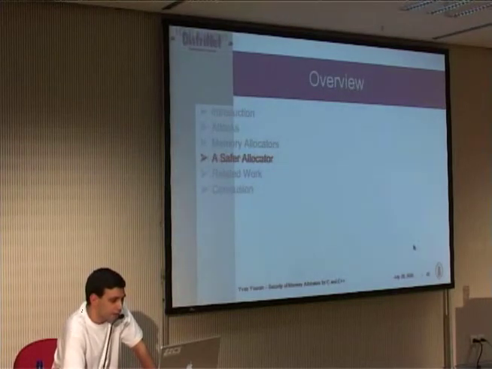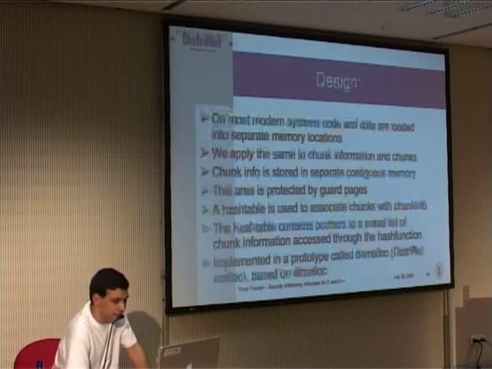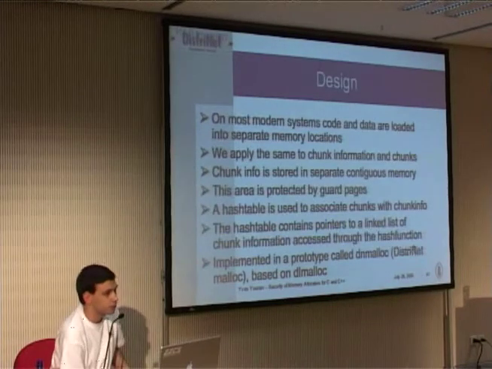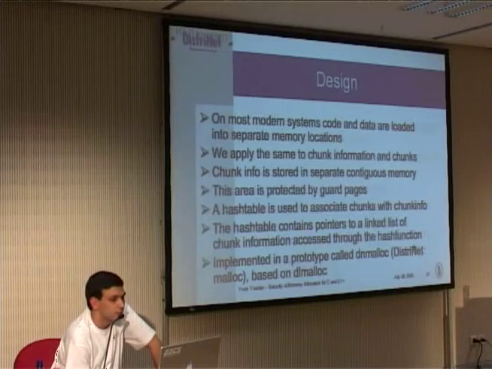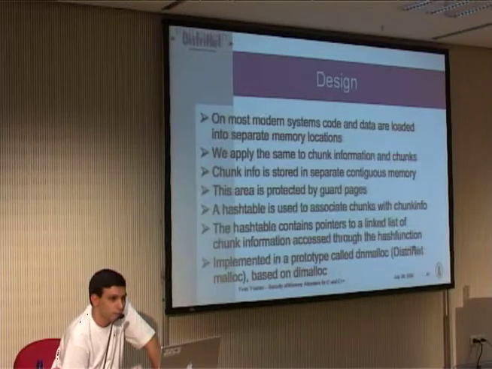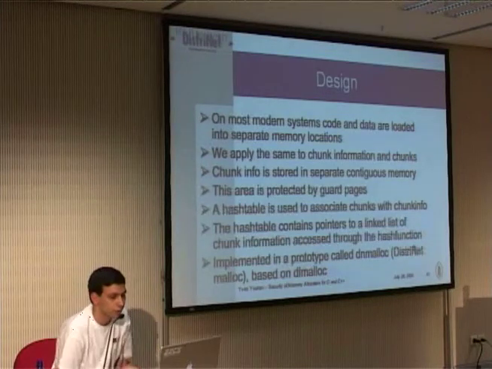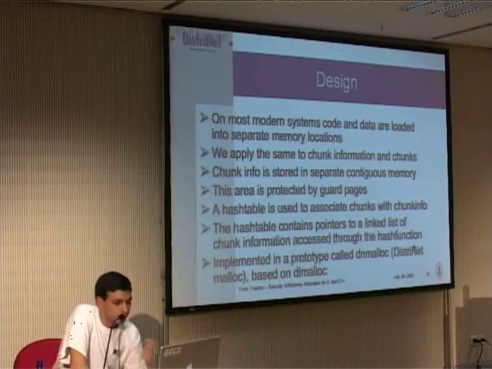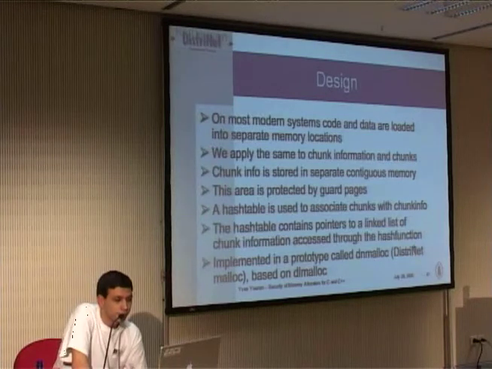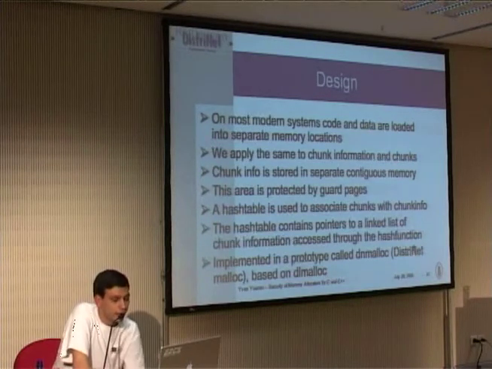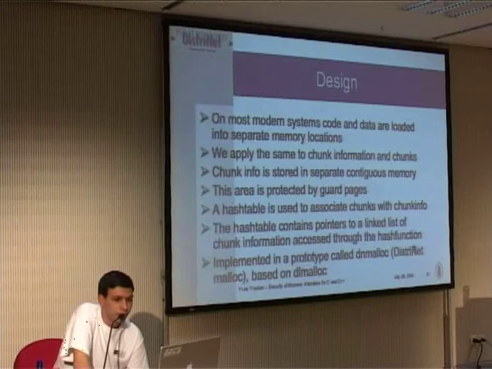So our design for a more safe allocator is that on most modern systems, code and data are loaded into separate memory locations. And if we apply the same to chunk information and chunks, we could store the chunk information in separate contiguous memory and protect this memory by using guard pages.